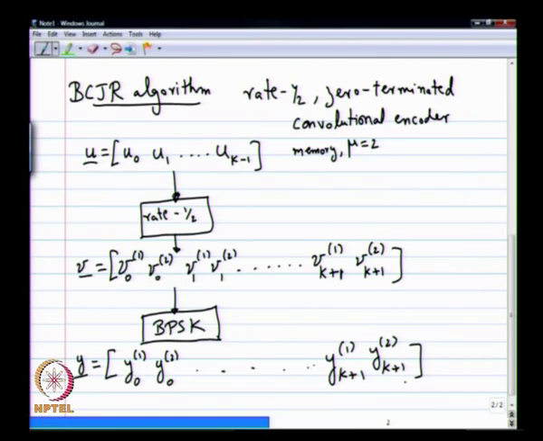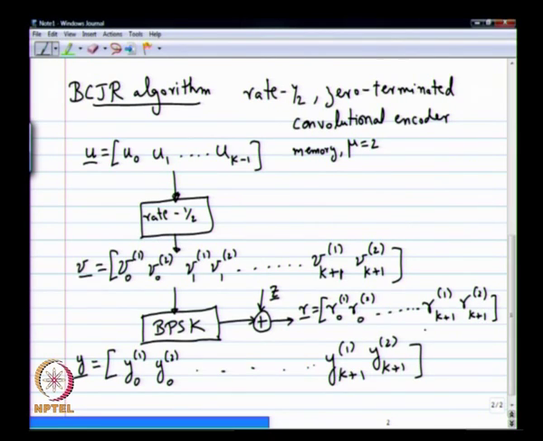This Y will go through an AWGN channel, which will add a noise vector Z, and you will get a received vector which we will call R, R1 K plus 1, R2 K plus 1. So this is the setup for the BCJR algorithm that I'll be using.